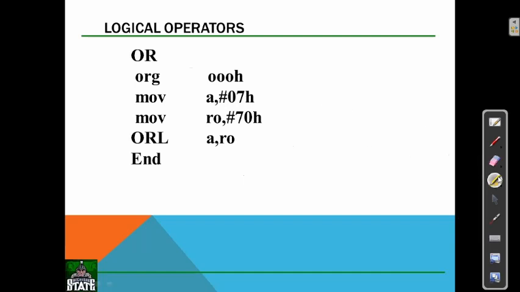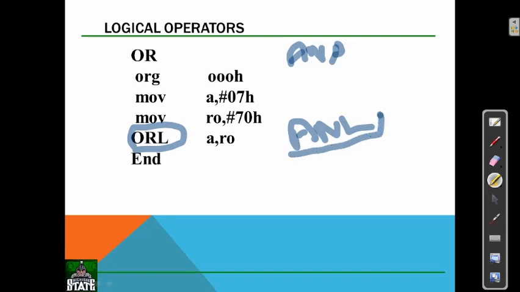If it is AND, we have the syntax ANL, that is the AND operation. Instead of ORL, we use ANL. As we know already, in the OR operation, if any one of the inputs is high, the output is high.